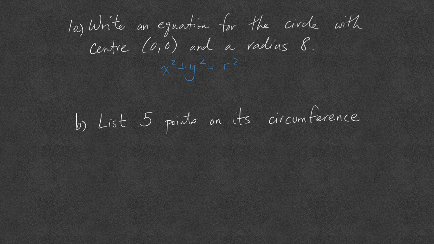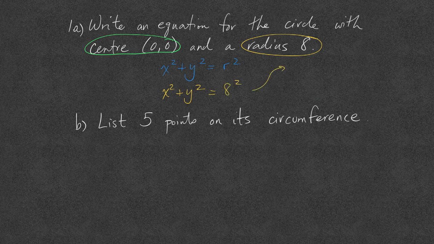So I know that I've already used up that part by writing just x squared plus y squared. What I haven't done is used up that key component. My circle needs a radius of 8. So what I could do is sub in my r value of 8.